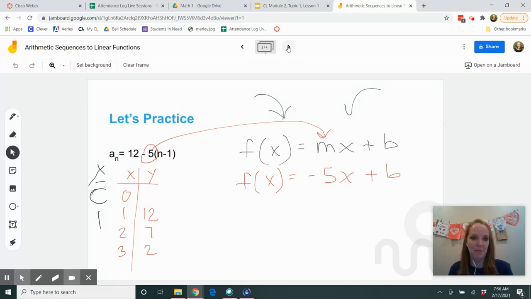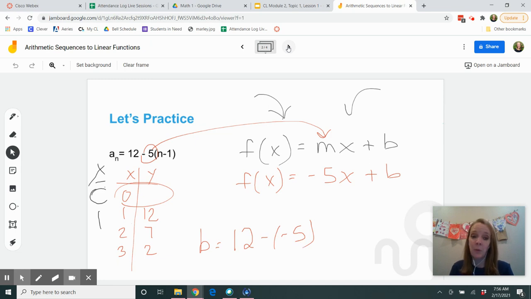That's how we say it with arithmetic. So if every single time we're adding a -5, if I want the 0 term, I need to subtract a -5. So to get b, we're going to take the first term minus the common difference.